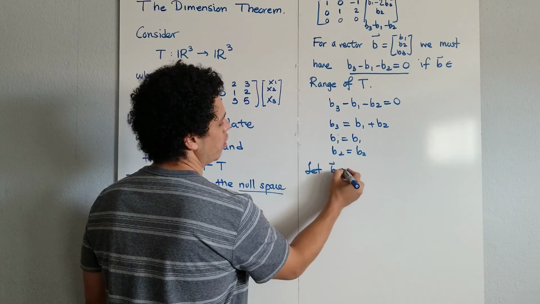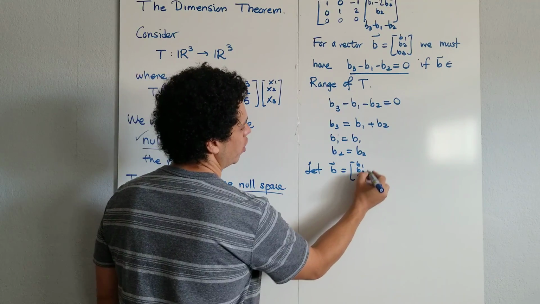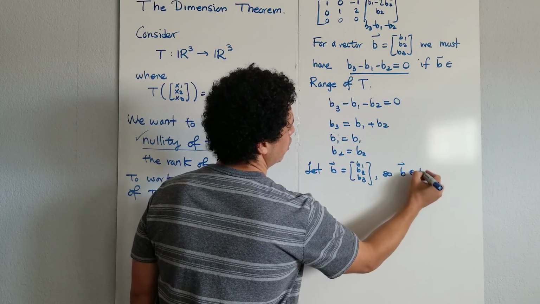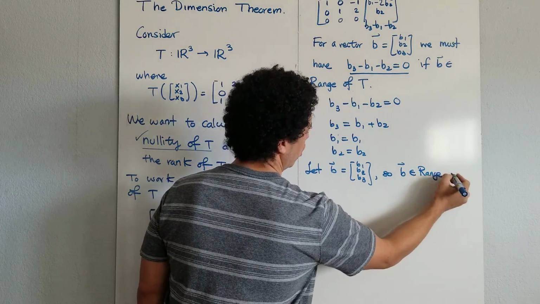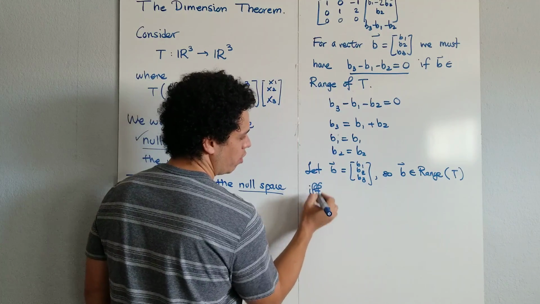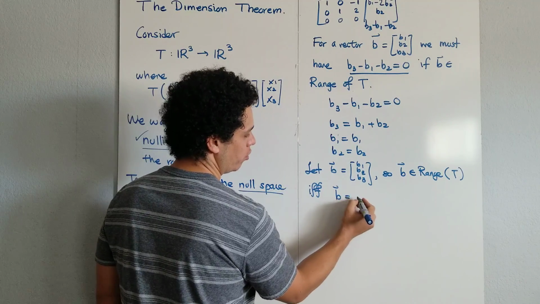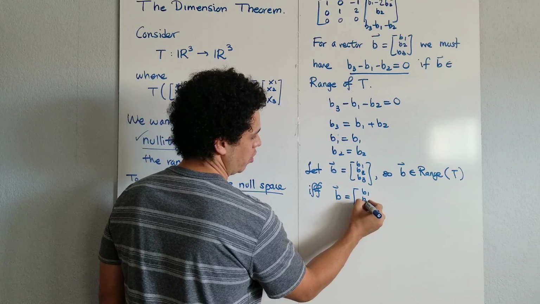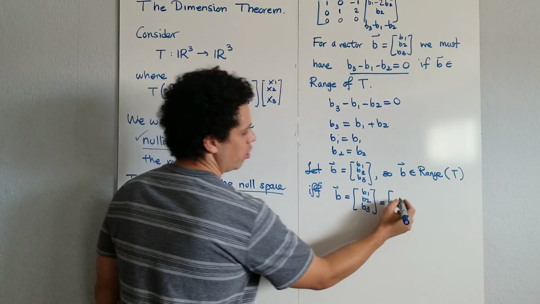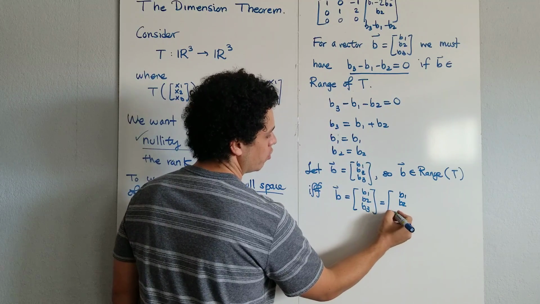So we can describe the following. Let B be a vector B1, B2, B3. So B is in the range of T if and only if we can describe B in the following manner. Well, B1, B2, B3. So what is this one?